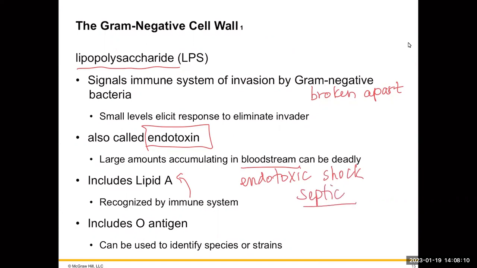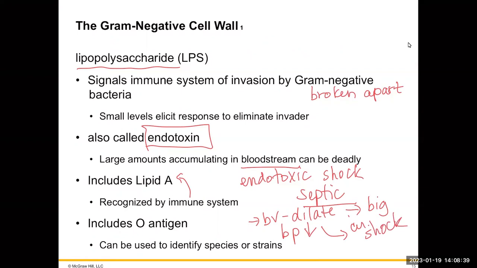When LPS is released into the bloodstream, it causes the blood vessels to dilate, meaning they get big. Blood pressure drops, and somebody goes into circulatory shock. They don't have enough blood circulating in their body. It's going to pool.